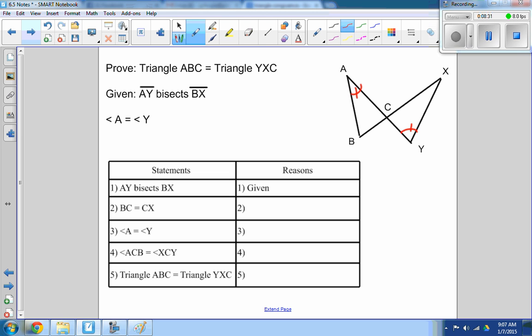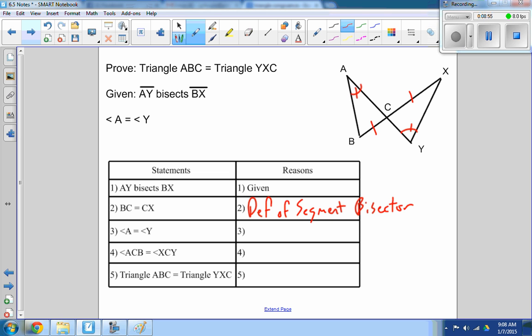So AY bisects BX. BC is congruent to CX. Well, that's the definition of a segment bisector. So remember, when something gets bisected, it gets cut in half. So since AY bisected BX, that got cut in half. That's why it's not drawn to scale.